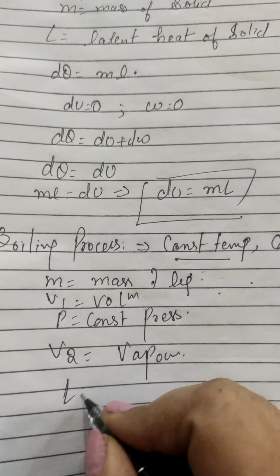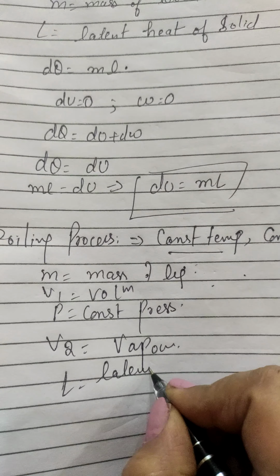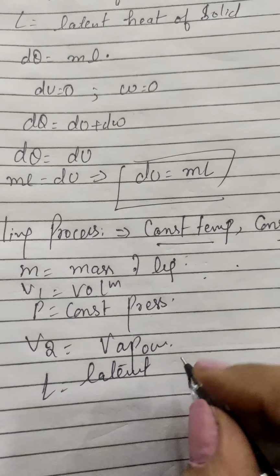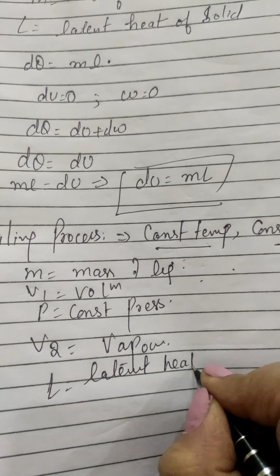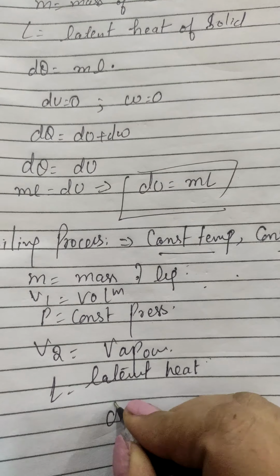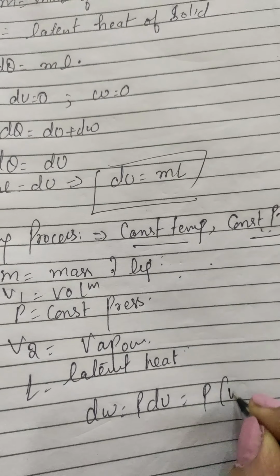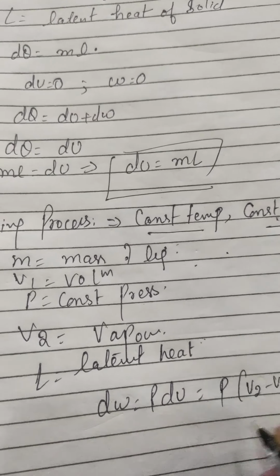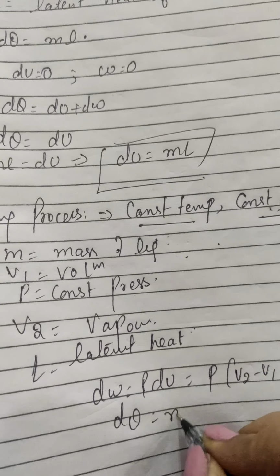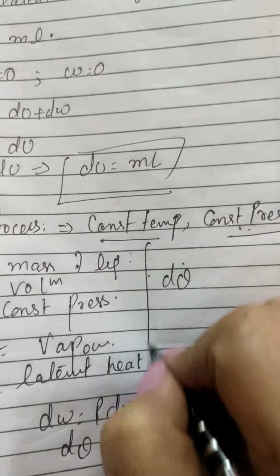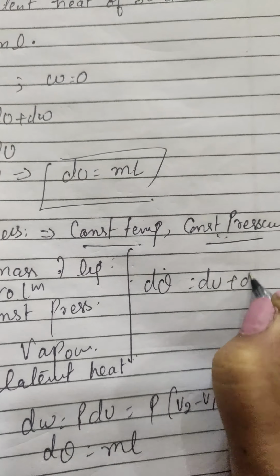L is the latent heat, meaning the hidden heat which is provided during the change of state. In that case dW is equal to P dV. Since volume is being changed, dW is P(V2 minus V1), and dQ is equal to mL. According to the first law of thermodynamics, dQ is equal to dU plus dW.